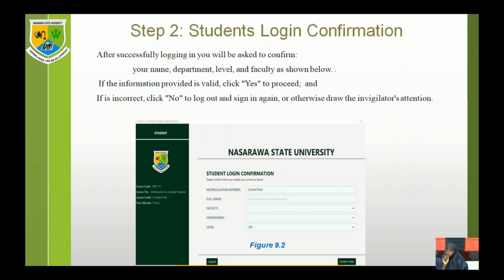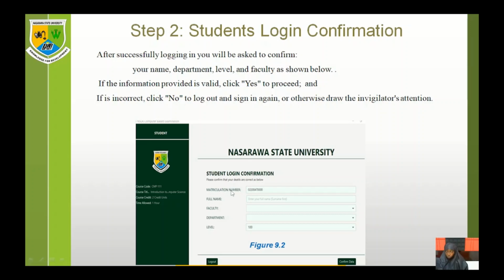You'll be asked to confirm your name, and this is mostly written on the left hand side of the CBT examination page. Look at this, please. We have the student's details and the course code. You are asked to confirm your name, your department, your level, faculty, and the course you are taking.